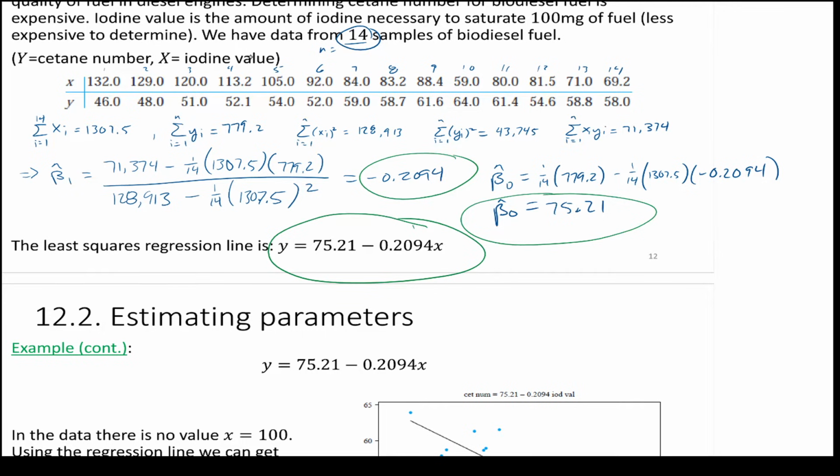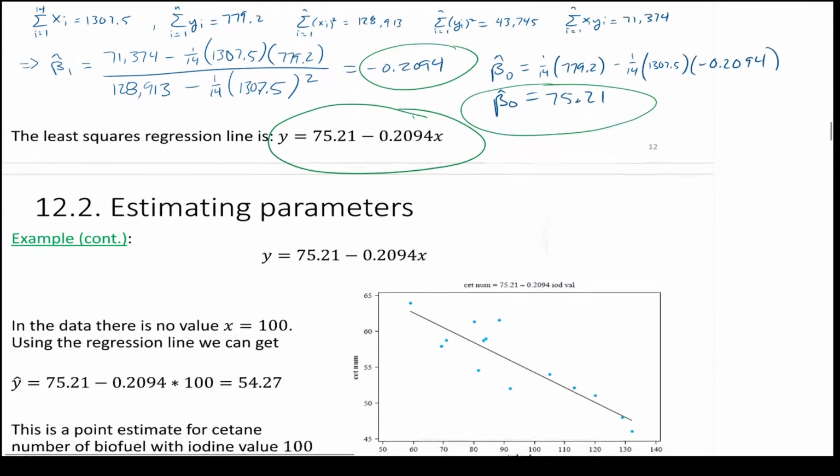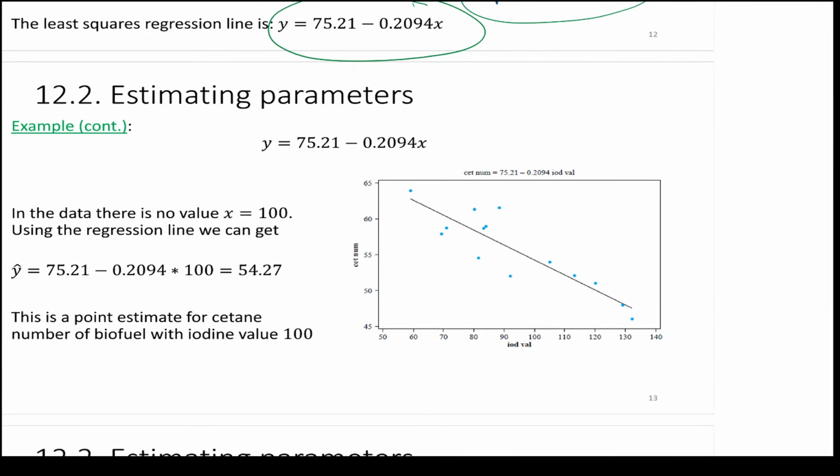So this is called the least squares regression line because it's created using the parameters that we derived using the least squares method. And now we could use that to estimate any other x value that we want with a certain amount of certainty, within one standard deviation, or you could figure out the probabilities and all that stuff now.